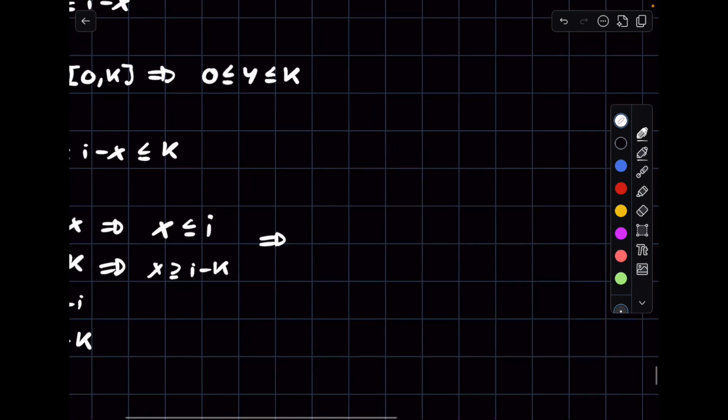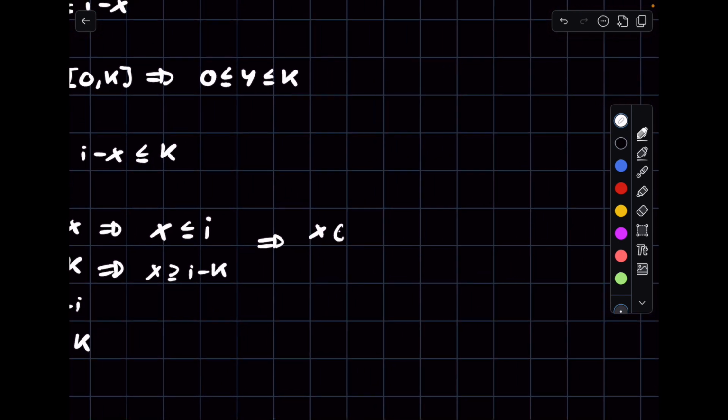So now we apply, again, the thing that we said. So it has to be like this, and x is going to be greater than I minus k to infinity. And then we have x from 0 to k.